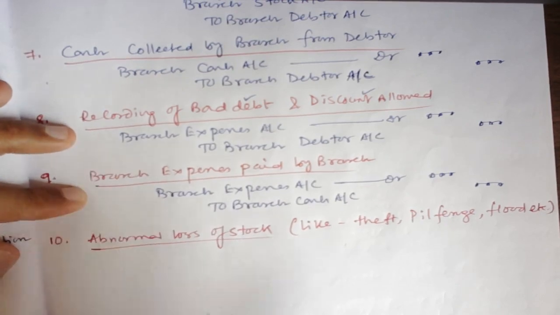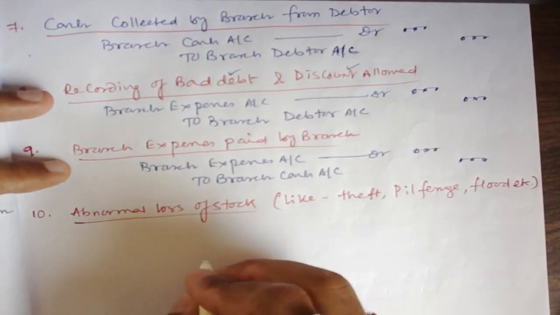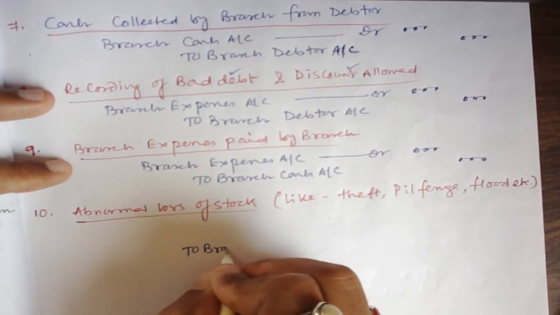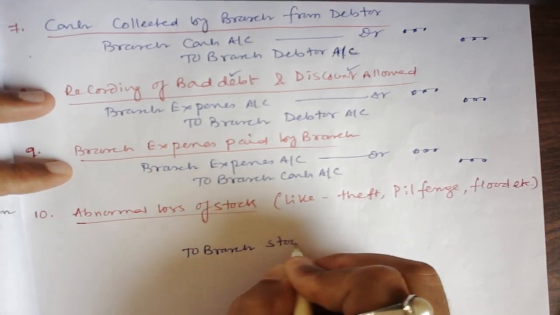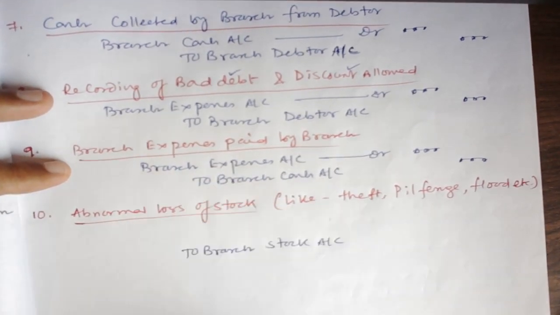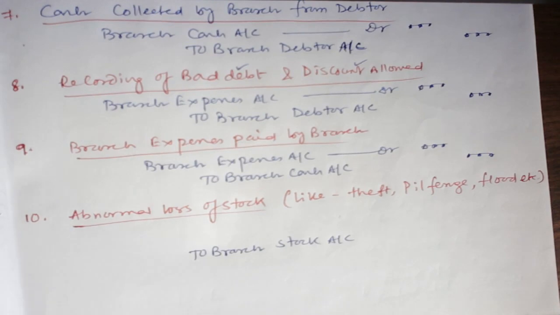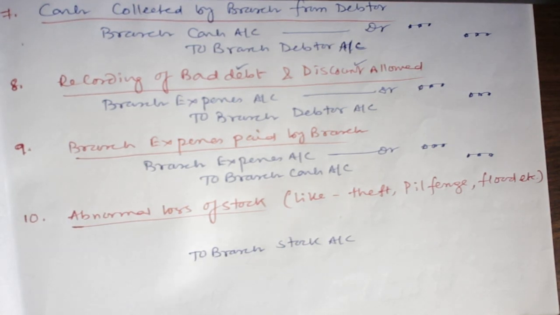See, in case of loss of stock, obviously stock is damaged, so stock should be credited, no doubt about that. Branch stock should be credited, because when we have some abnormal loss related to the stock, then our stock has been destroyed, so stock is going down, that is a decrease, correct?